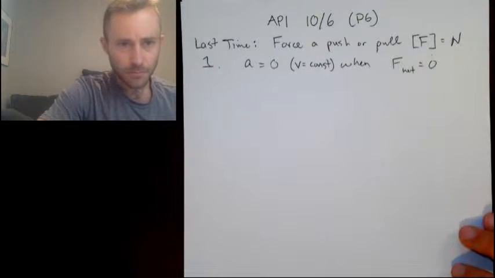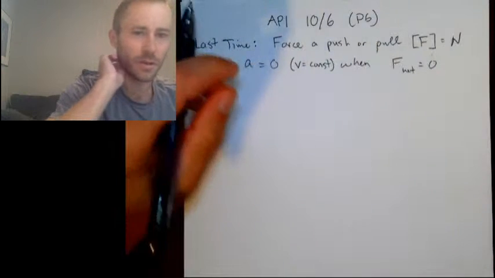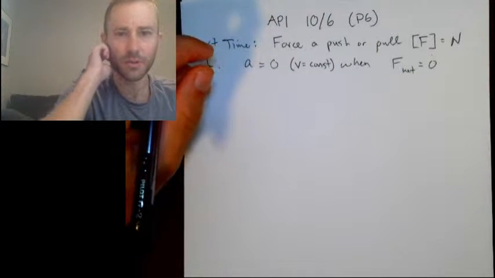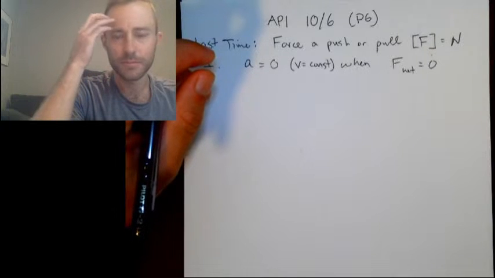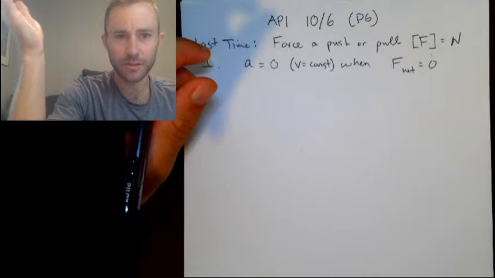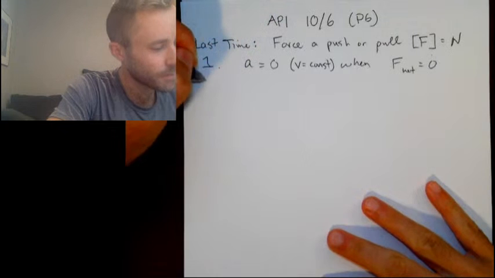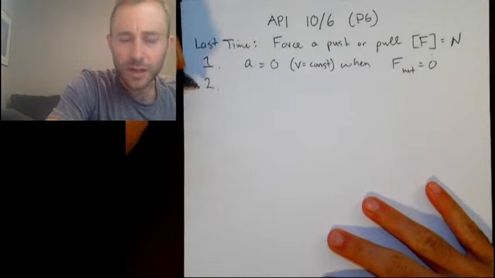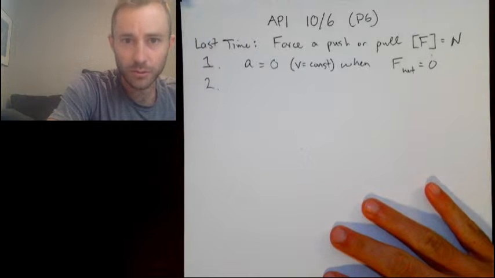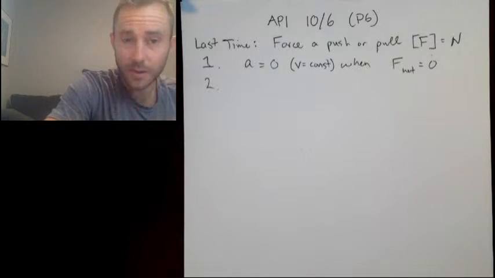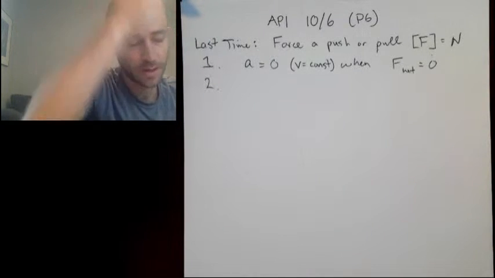Okay? And we talked about the converse of this, and the converse of that doesn't make any sense whatsoever. The second law of motion is the most important equation in the course. We're going to use it repeatedly, starting from now.